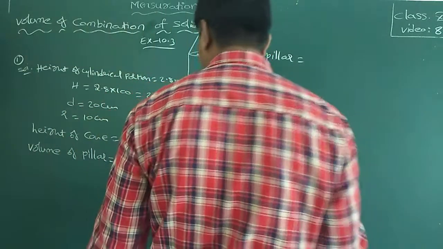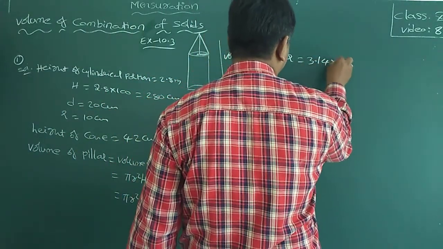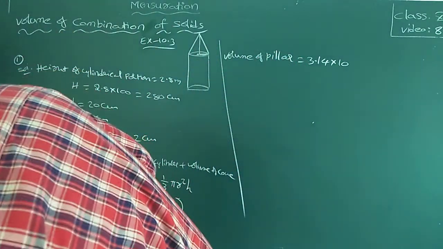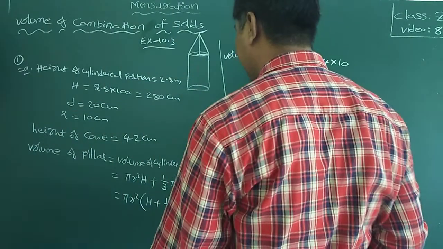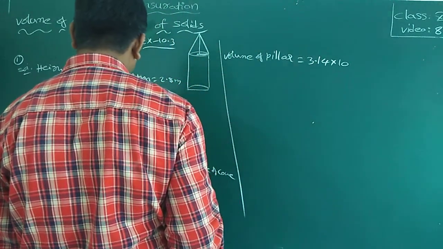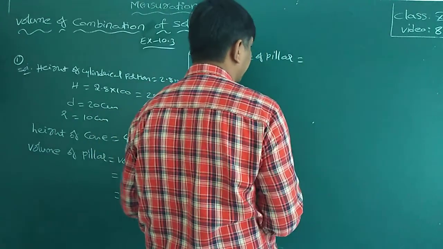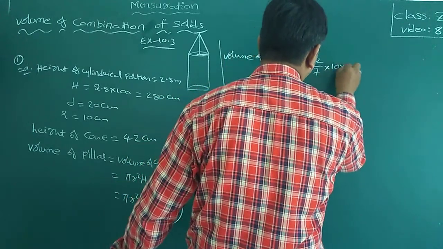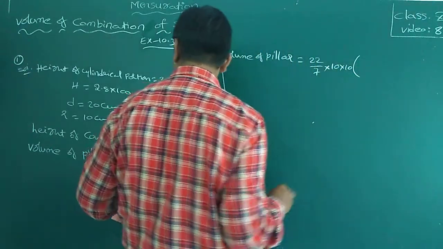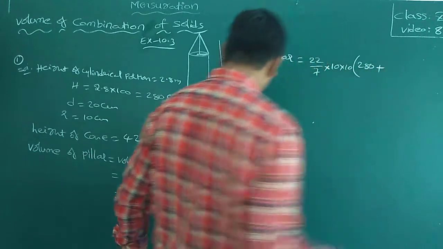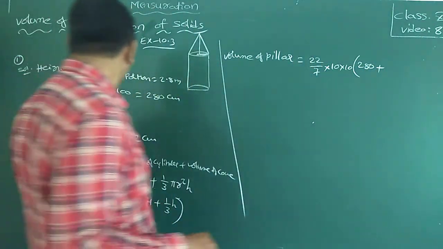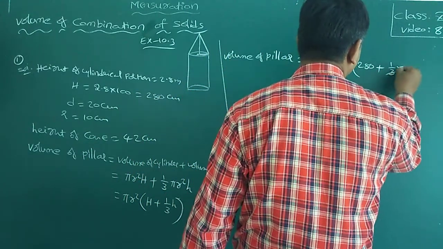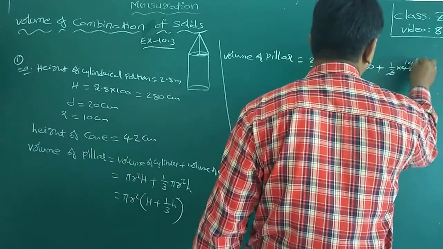Pi r square means 10 into 10, and the height is 280 plus 1 by 3 into 42, which is 14.